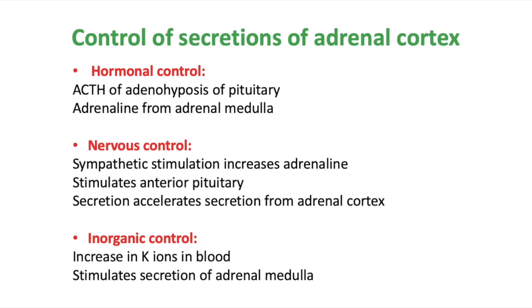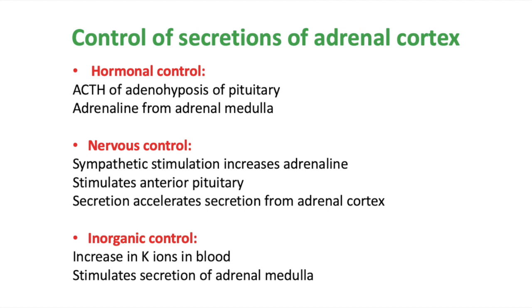Control of secretions of adrenal cortex. This occurs in three ways: hormonal control, nervous control, and inorganic control. Hormonal control occurs through ACTH of adenohypophysis of pituitary and adrenaline from adrenal medulla. About the nervous control.